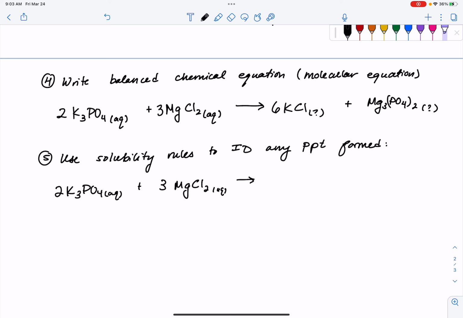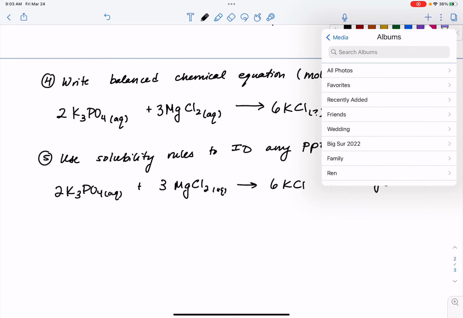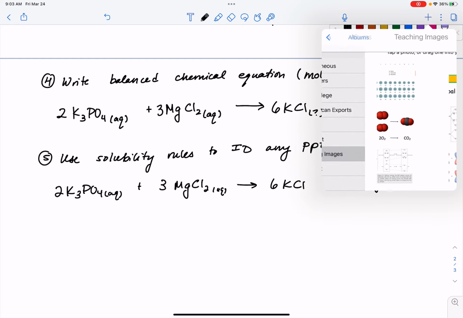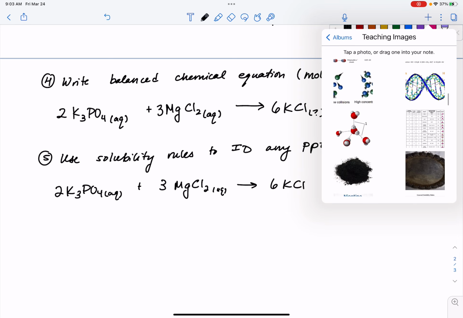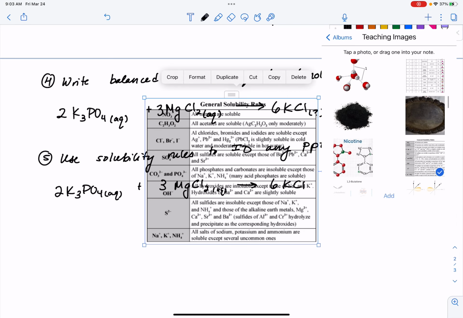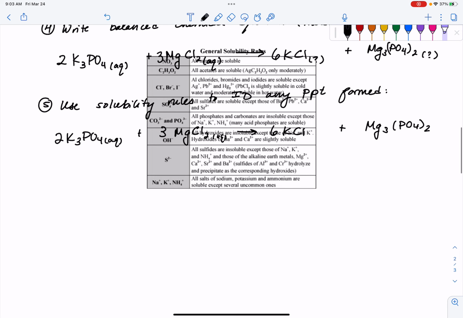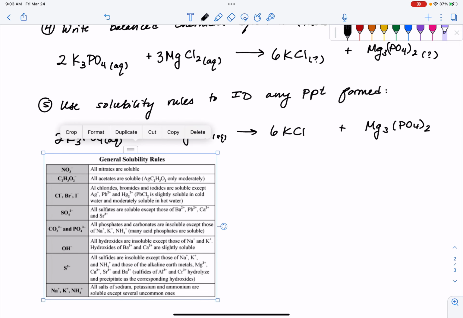This is reacting to form 6 potassium chlorides and 1 magnesium phosphate. And now we need to reference our solubility rules in order to identify which of our products, potassium chloride or magnesium phosphate, is one that might potentially form a precipitate.